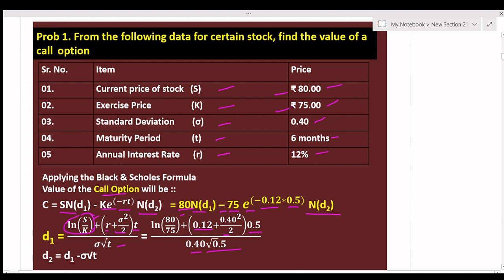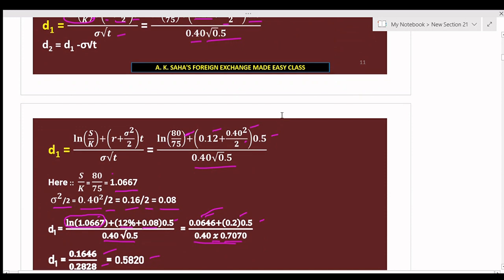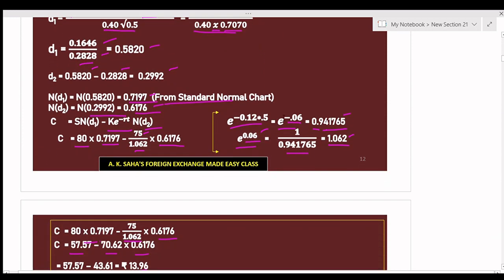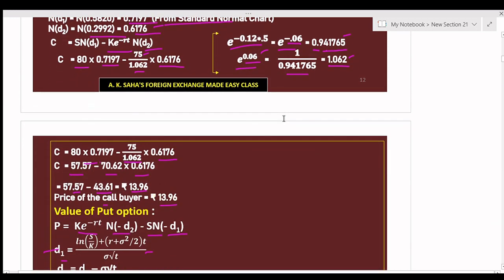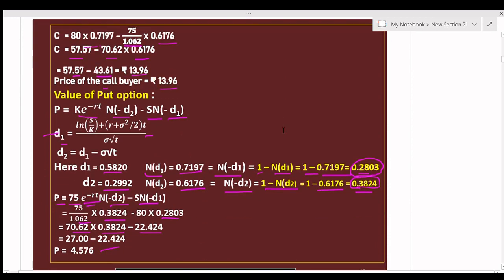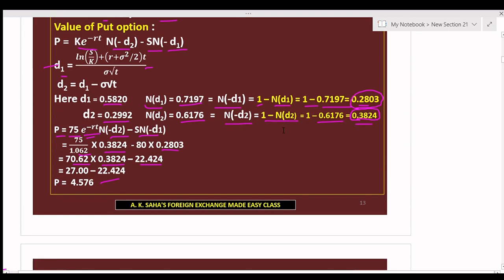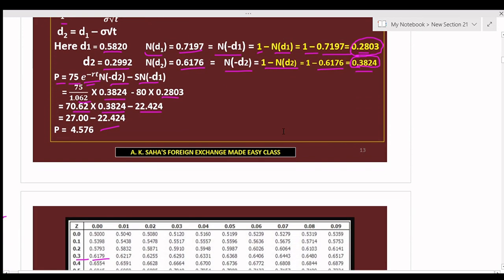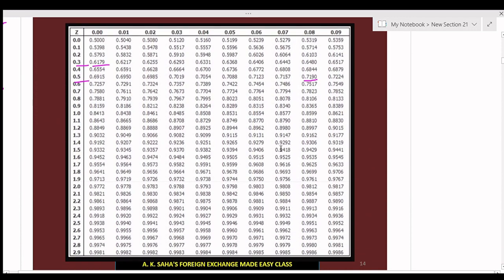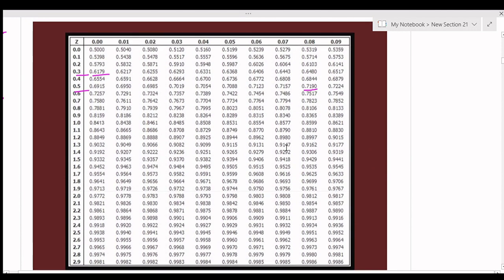So the put option value is lower than the call option value. Call option value is 13.96 and put option value is 4.576. And this curve you practice it, otherwise it will be difficult to find out the value.